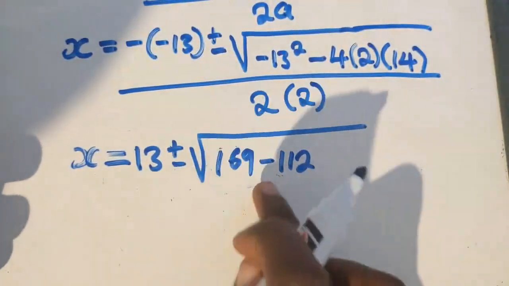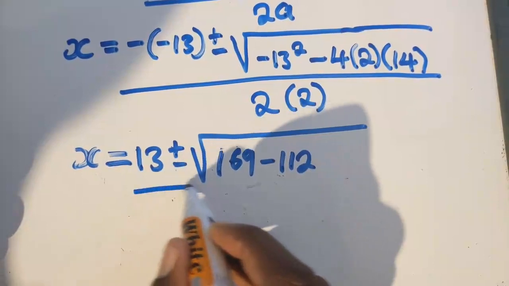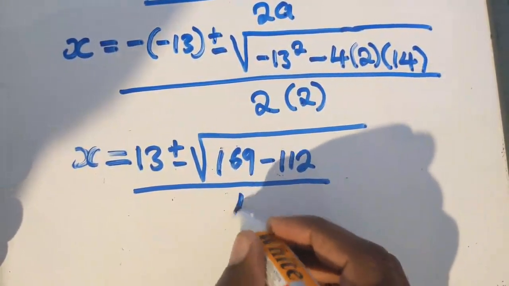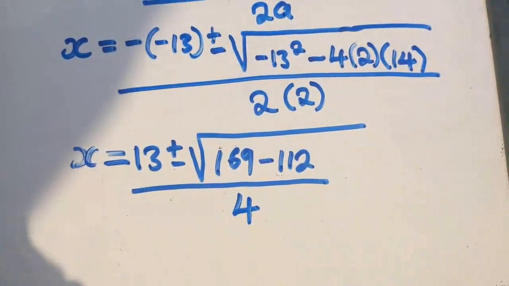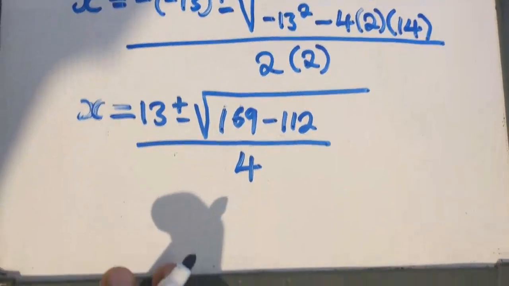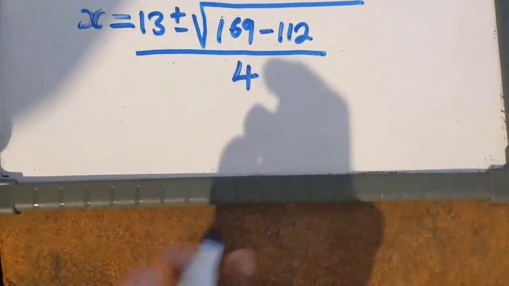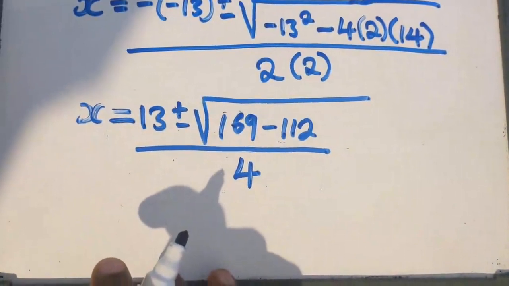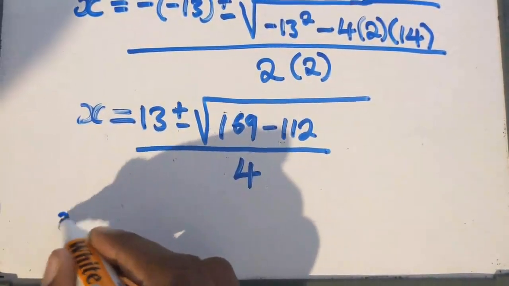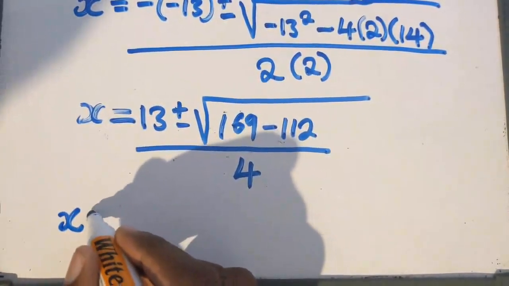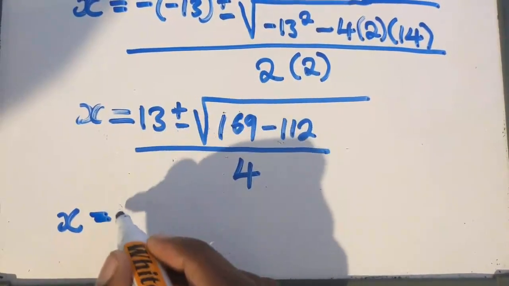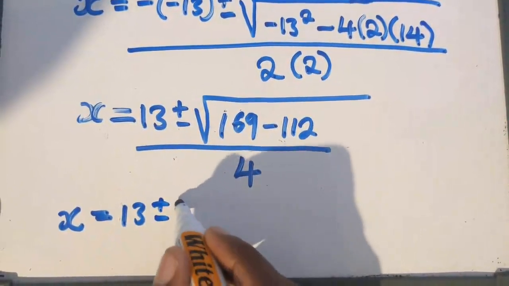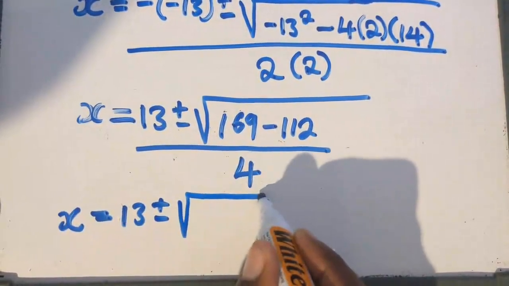Then you divide. 2 times 2, that is 4. So just put 4. Now the next thing that you're supposed to do is put x equal to positive 13 positive or negative root.